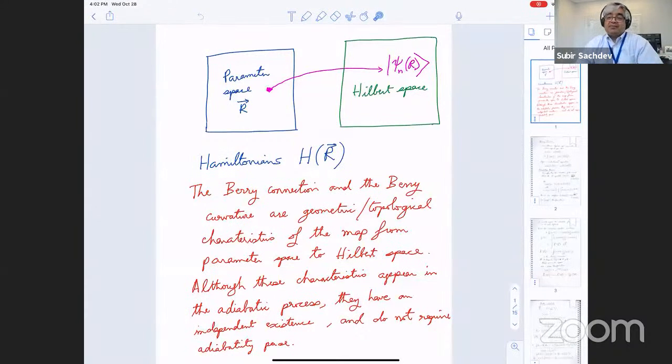It could be, for example, if you want to consider a many-body problem, say I have a Z2 spin liquid, and I bring in some trapping potential. I trap a spinon here, and I trap a vison here. So now my parameter space is the spectrum of the Hamiltonian as I move the trapping potential of the spinon and the vison.